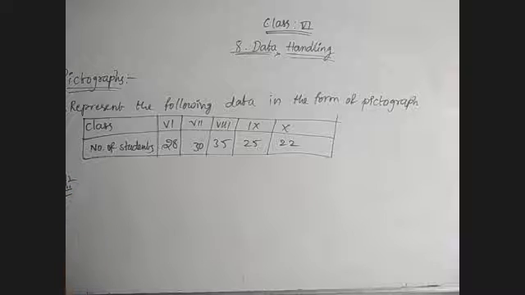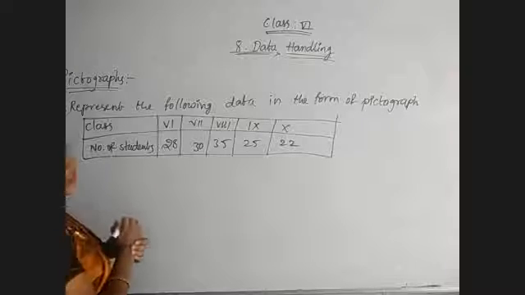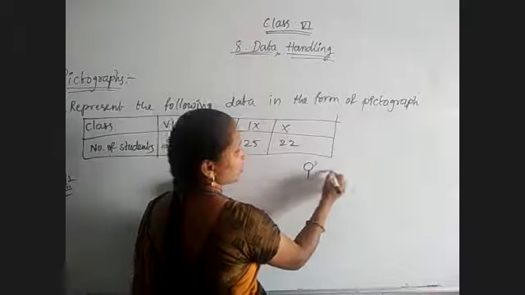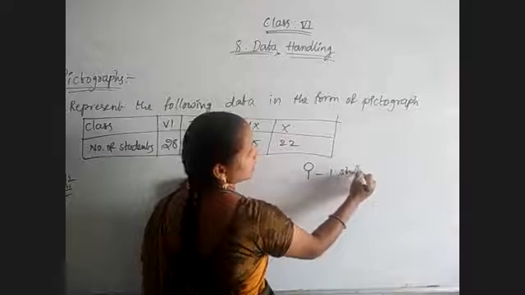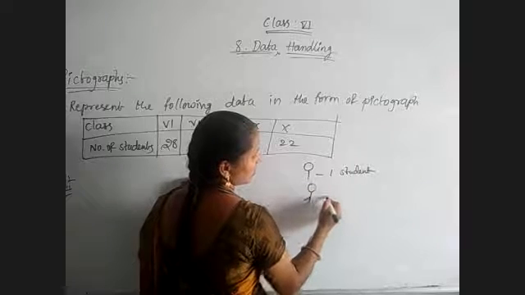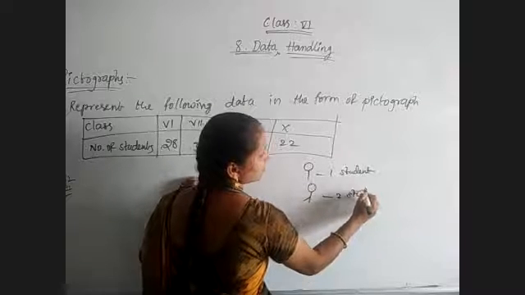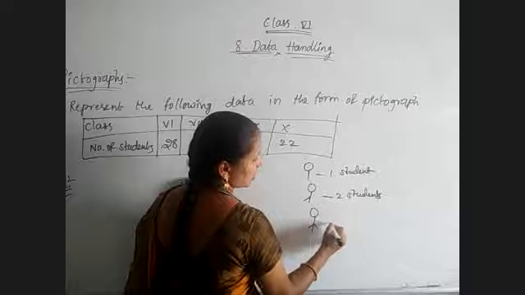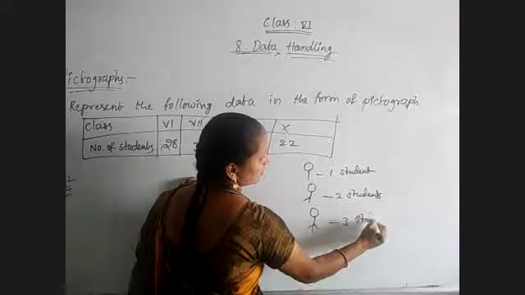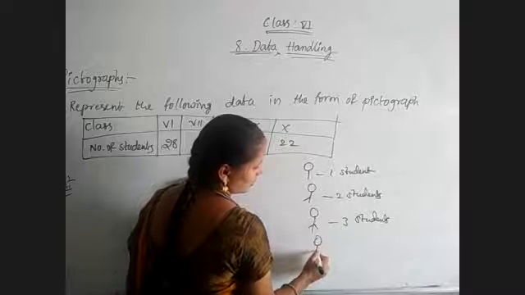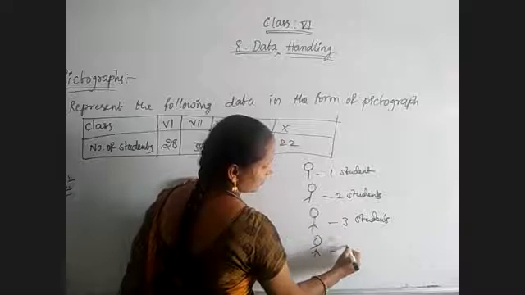So here just observe, I'm using a picture like this. It represents only one student. And it represents two students. And it represents three students. Four.